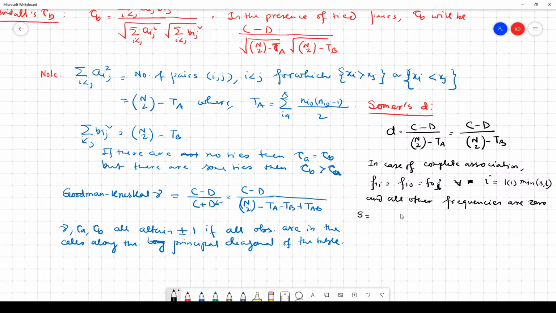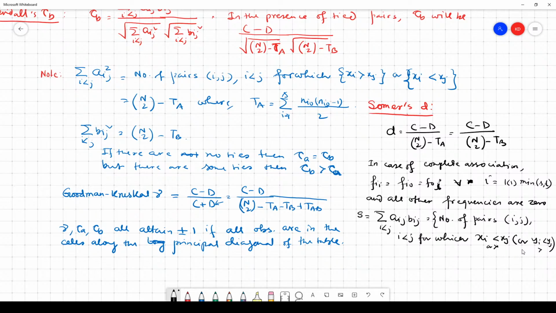So this is the sum over i less than j of Aij Bij, and this equals the number of pairs (i, j) where i less than j for which xi less than xj or yi less than yj, or xi greater than xj or yi greater than yj.